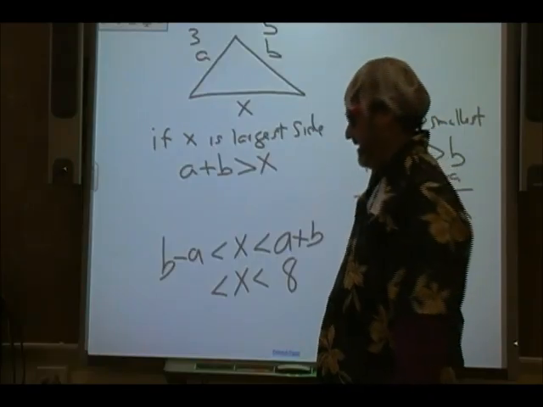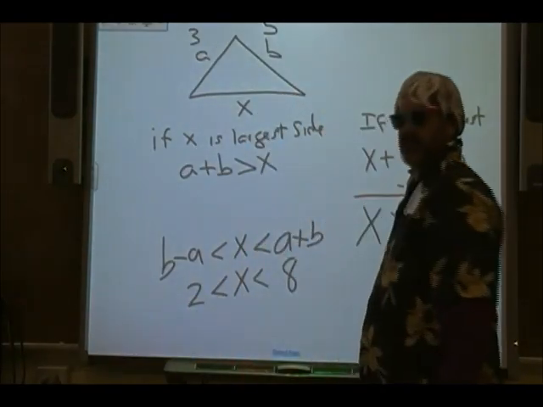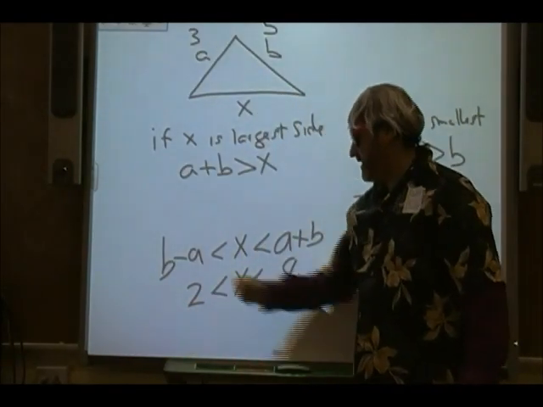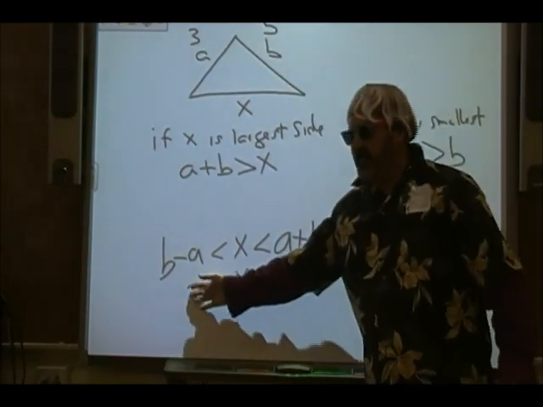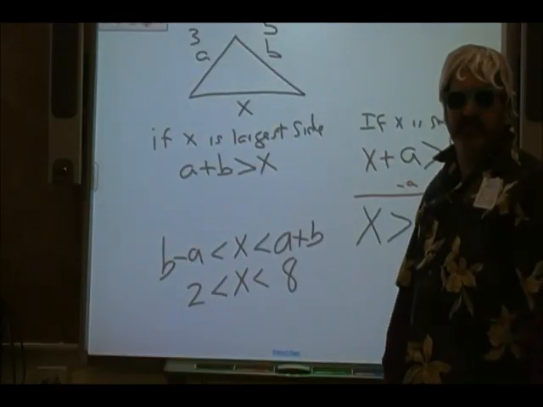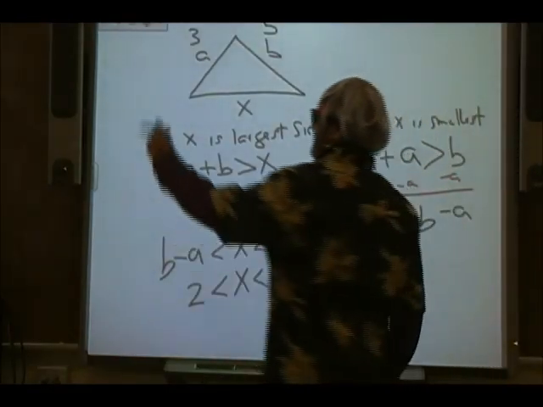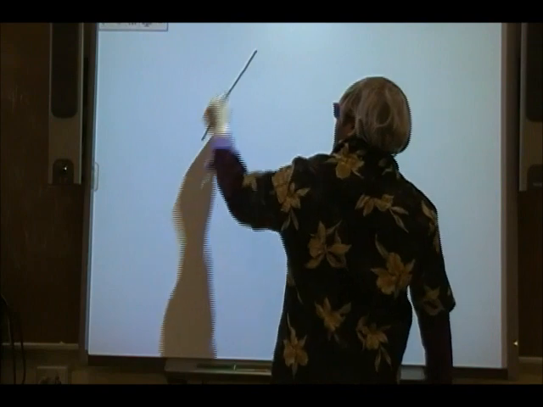Well, what is 5 minus 3? Take out your calculators, and you get 2. So X has to be in between 8 and 2. That's it. That's all you have to know.